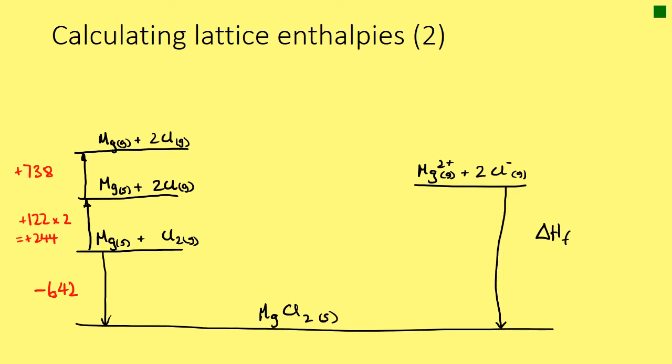The next thing is we have to ionize them. So we're going to take this gaseous magnesium atom and make it into a magnesium plus ion, and when we do that, we get an electron. We've not done anything to our 2 chlorines, so we just write them the same as they were. We've put energy in, so the arrow is in that direction.